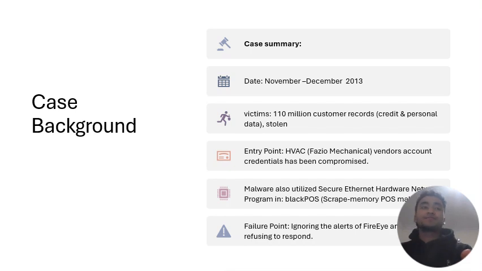That means the malware was installed in the point of sale system to carry out the data breach at Target. The failure point in this data breach was ignoring the alerts of FireEye, which was a security system in the Target system.